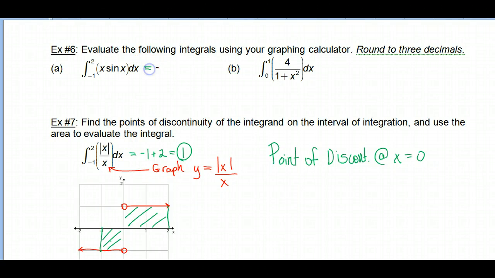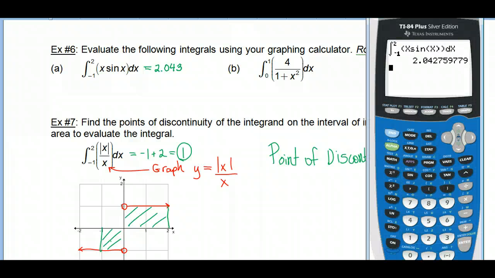Did not get that. Is your calculator in gradients? I just put it straight. I did fnInt, x sin(x), comma x, comma -1, comma -2. No, 2. That's one. Okay.